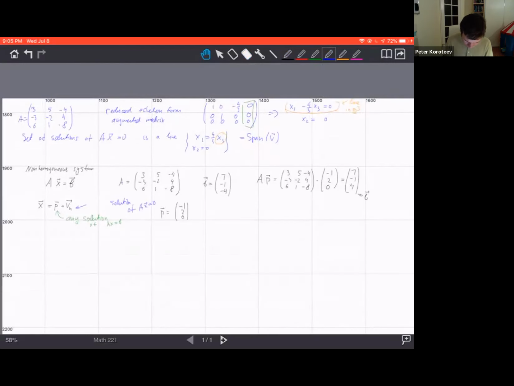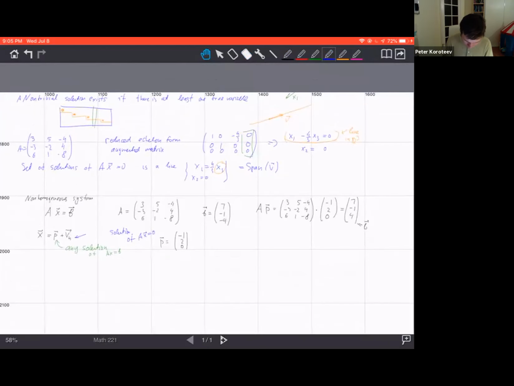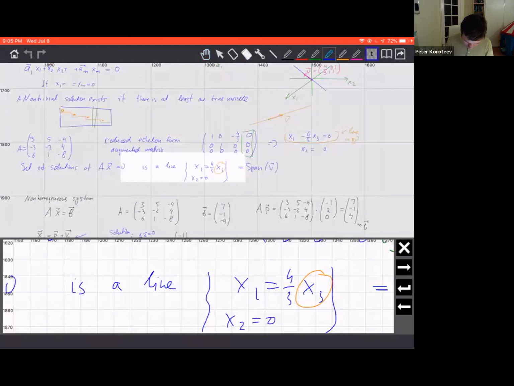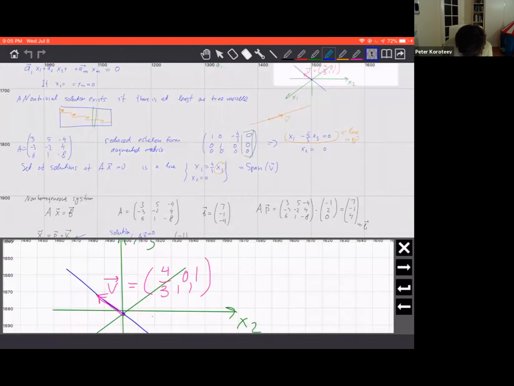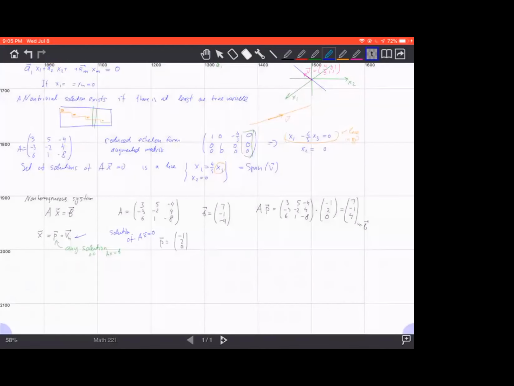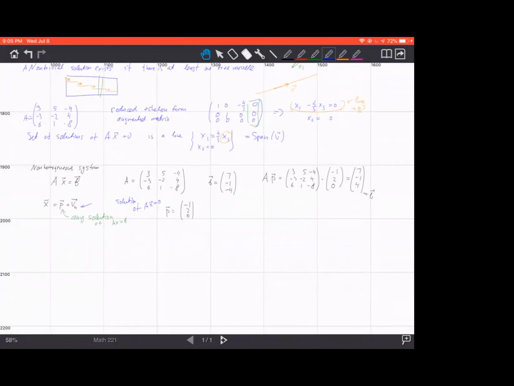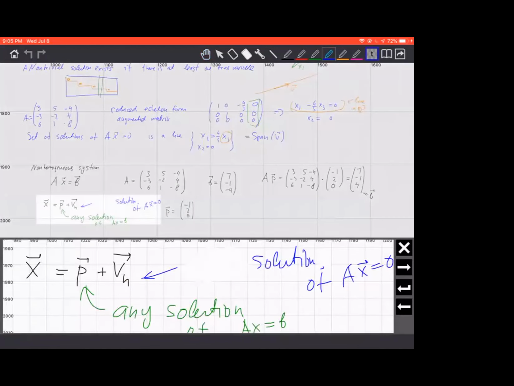It's here on the iPad. It's the span of V, right? So X can be any vector which has these coordinates, for the third one 0, 1 multiplied by any number. So that means that in XH, we cannot know exactly the answer, but we can know the relationship between the variables.